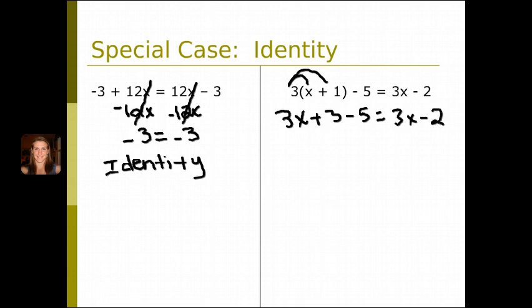Second thing to consider is, do we have any like terms to combine on the same side of the equal sign? Yes, we do. We need to combine 3 and -5. So 3 minus 5 gives us 3x minus 2 equals 3x minus 2.